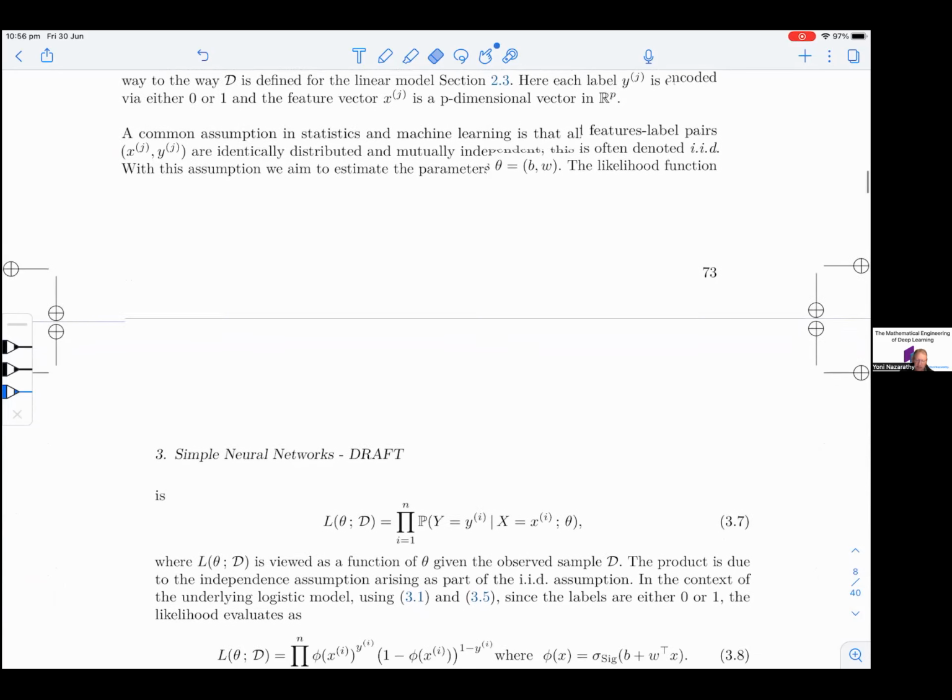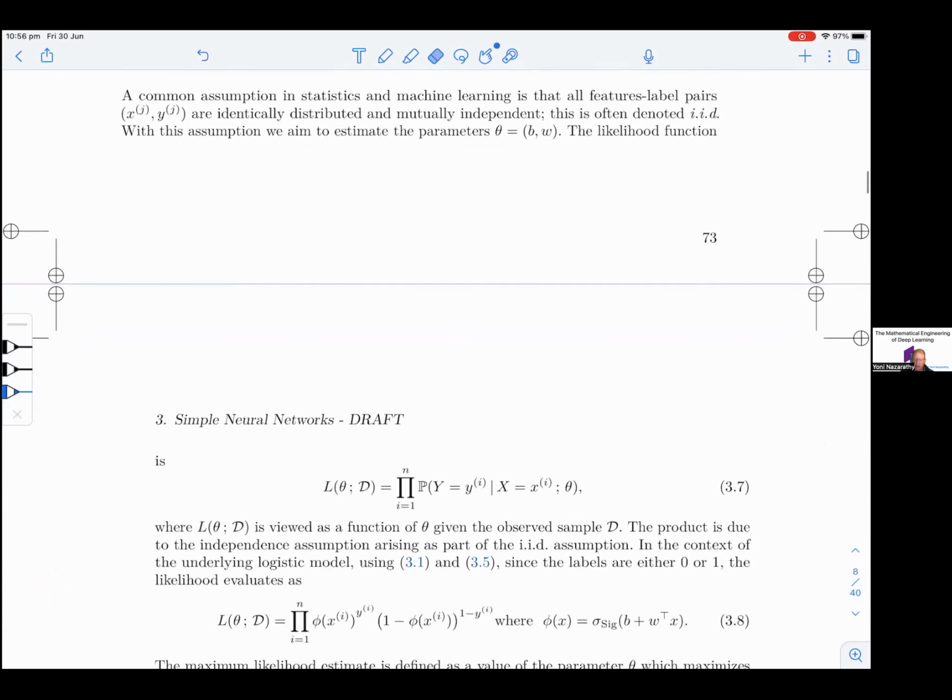A common assumption in statistics and machine learning is that all feature label pairs xj, yj are identically distributed and mutually independent. That is often denoted IID. With this assumption, we aim to estimate the parameters theta equals b, w.